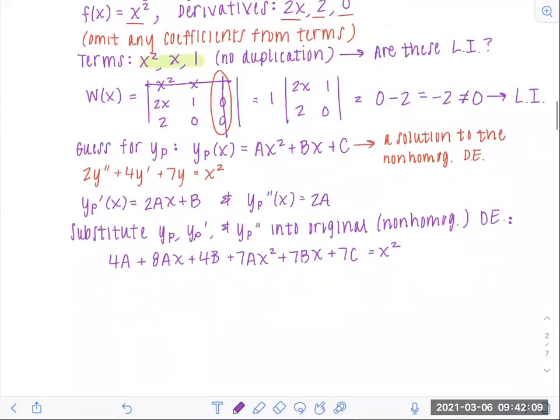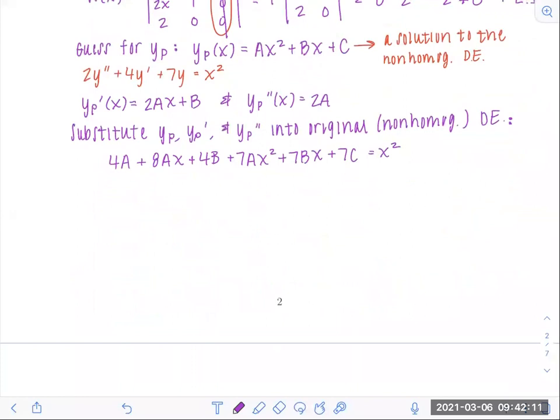So what I'm going to do now to solve this one equation with three unknowns is collect like terms. So I have 7a of the x squareds. For the linear x terms, I have 8a plus 7b of the x's.